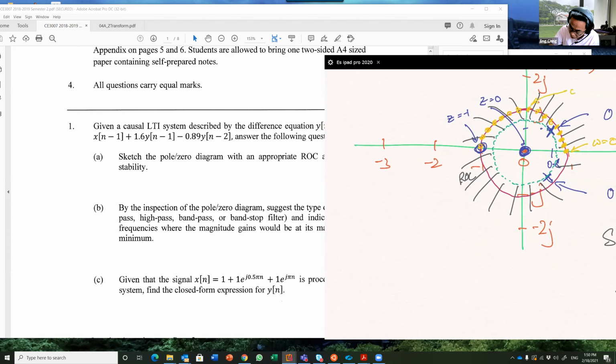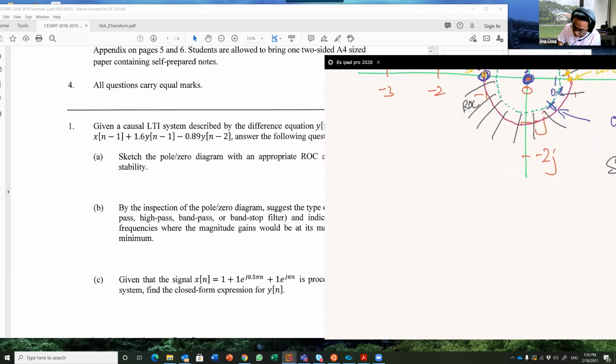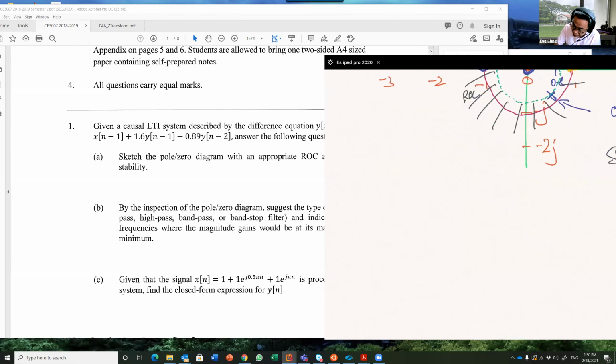I reach omega equals pi over 2, and finally I reach omega equals pi. As I move along this omega, along the unit circle, I am examining my pole and zero diagram at different frequency.